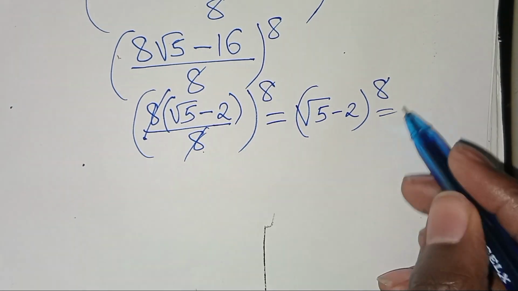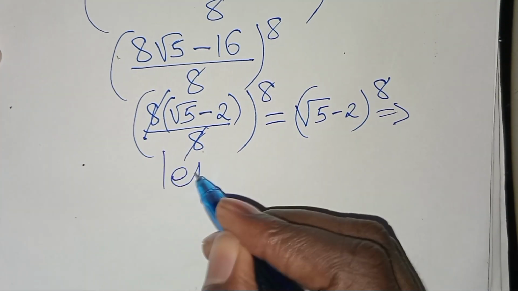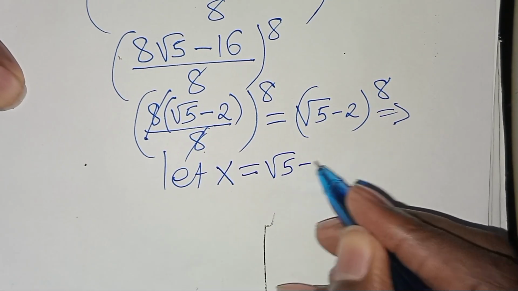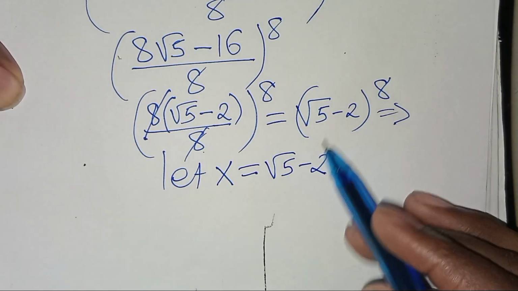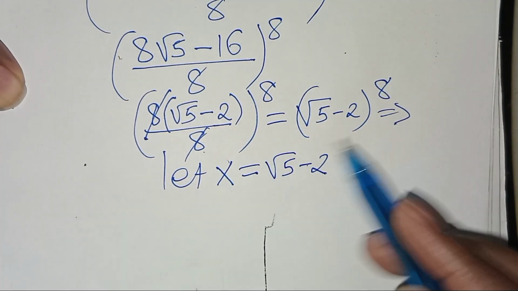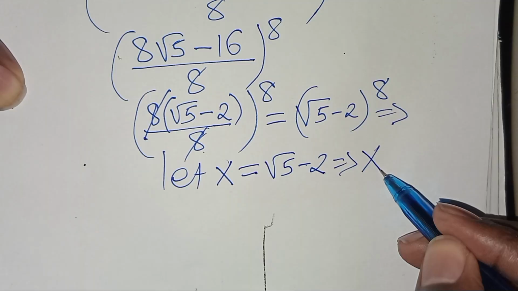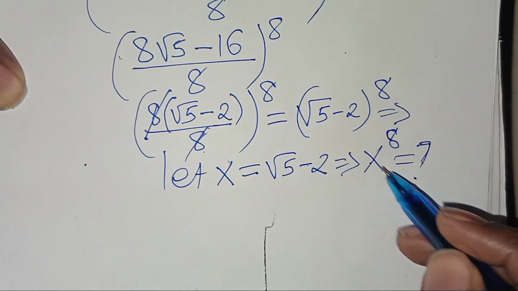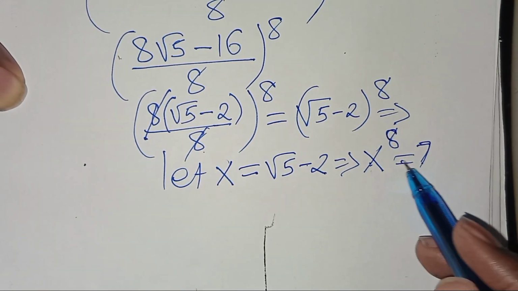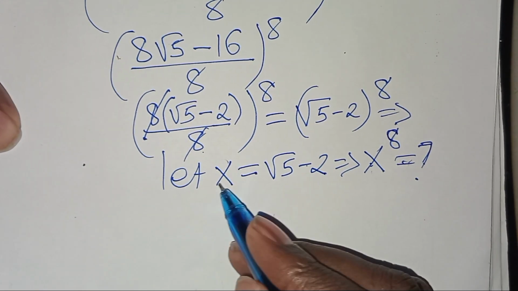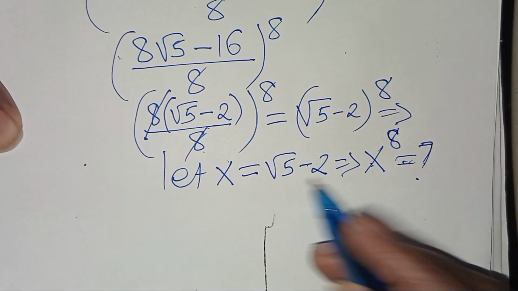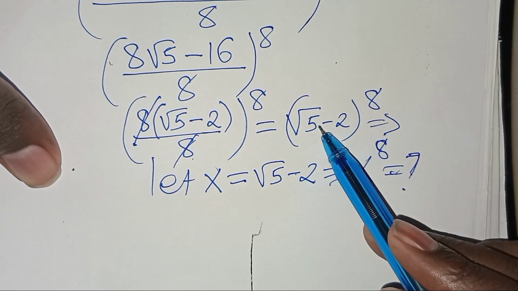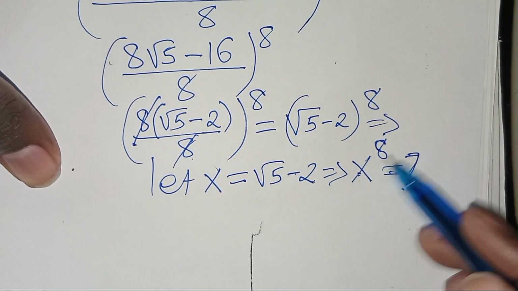So let's proceed to solve this. Now we say let x be equal to √5 − 2. That means that √5 − 2 is the same thing as x, so (√5 − 2)⁸ is the same thing as x to power 8.